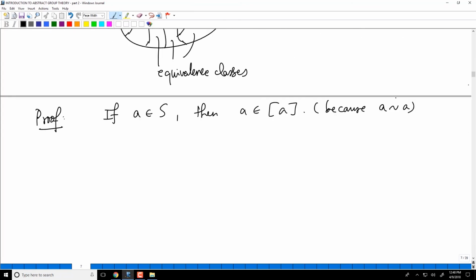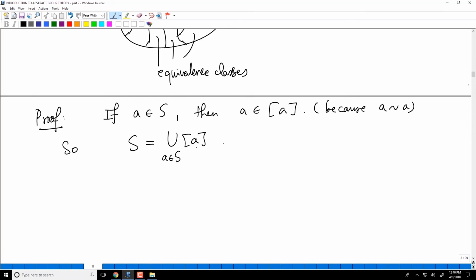So a is related to a, so a is in the equivalence class of a. So certainly S is a union of equivalence classes, correct? If you take all equivalence classes and you take their union, you get S, because every element of S is in an equivalence class. Certainly equivalence classes are all subsets of S.